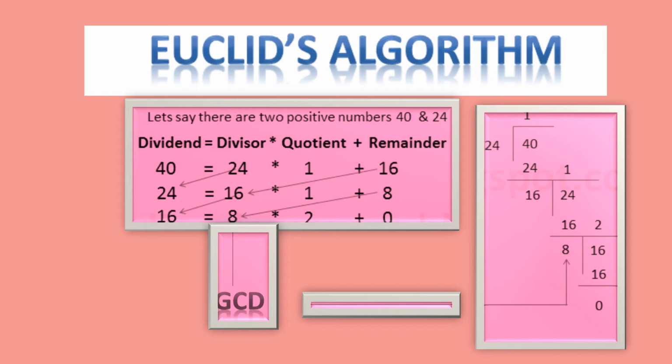Then we can divide 24 by 16, and that is 1 times 16, and the remainder is 8. Again, we can divide that 16 by 8, and the remainder is 0. And that last number, 8, will be the GCD.